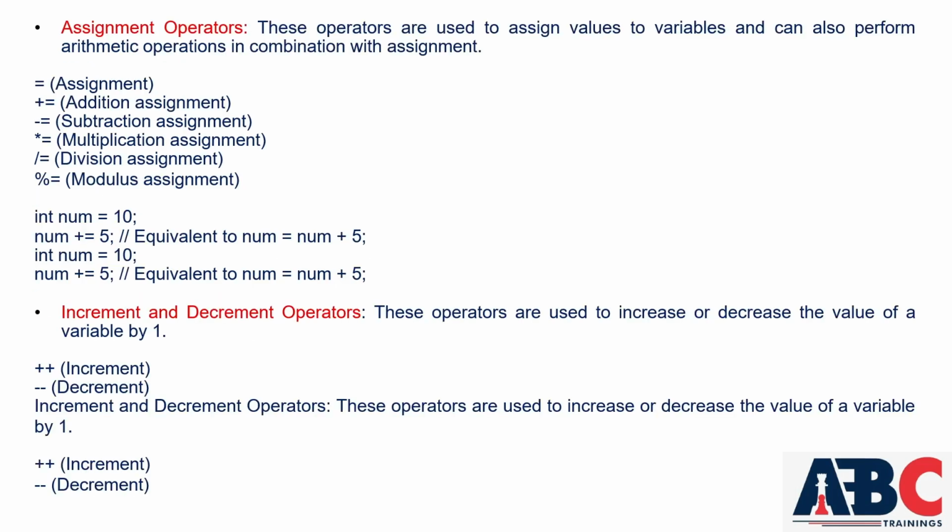Next is the assignment operator. Assignment operators are addition assignment, subtraction assignment, multiplication assignment, division assignment, and modulus assignment. It is used to assign values to variables and also perform the arithmetic operation in combination with assignment. Next is the increment or decrement operator.